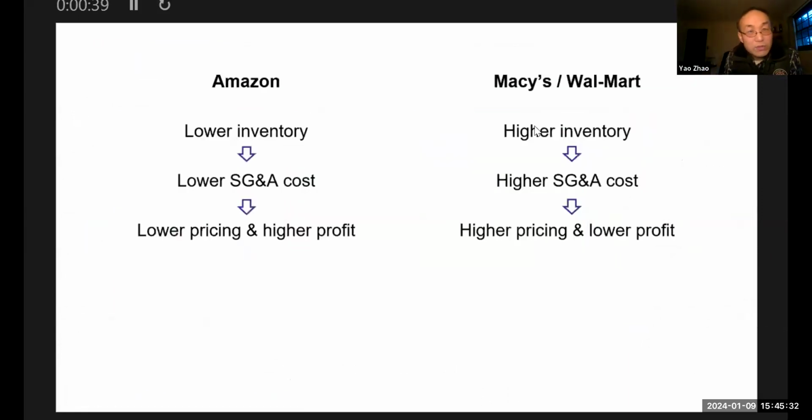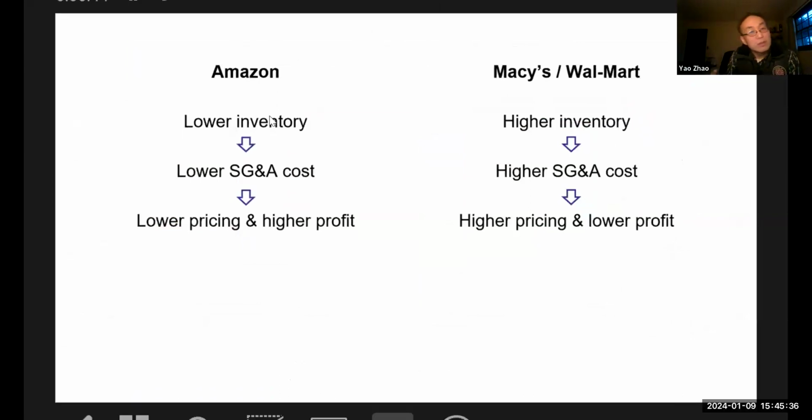So the conclusion is Amazon could use lower inventory to lower SG&A cost, which enables lower pricing and higher profit. Now, Macy's or Walmart, the same thing, you'll find the exact same trend. Walmart has higher inventory and higher SG&A, which leads to higher cost.